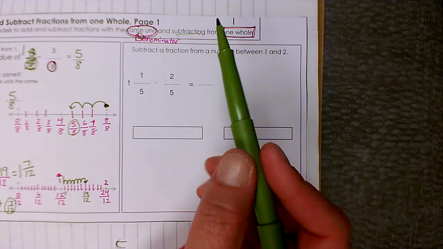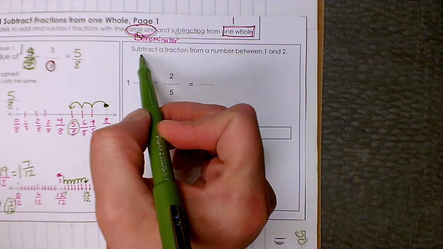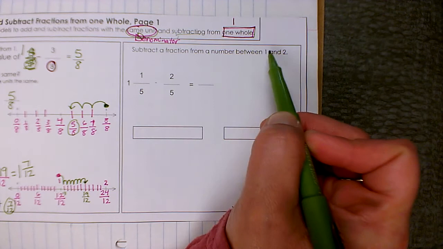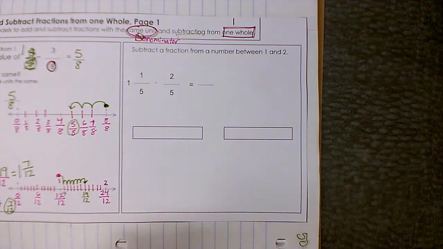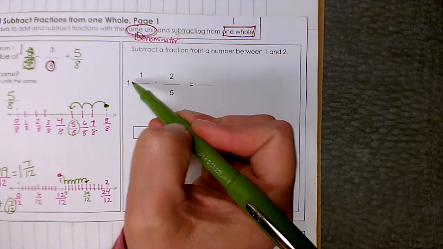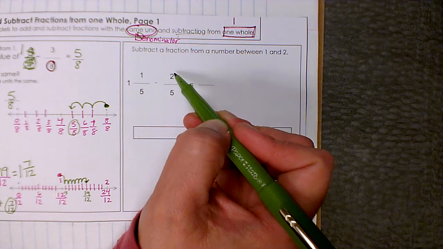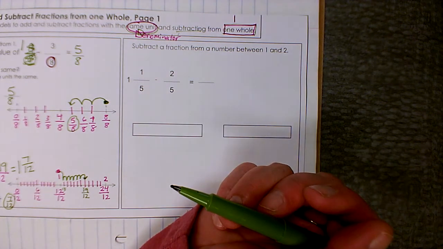Now this time, it says, subtract a fraction from a number between 1 and 2. Okay, so we're going to do that, and we're going to use visual models to help us. So let's kind of try this together. Okay, so I have 1 and 1/5 minus 2/5.